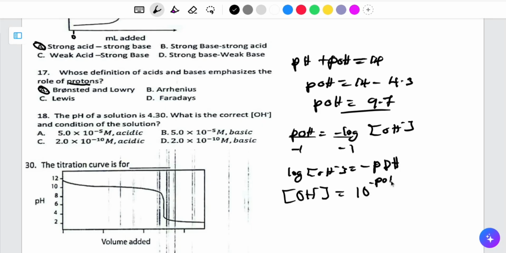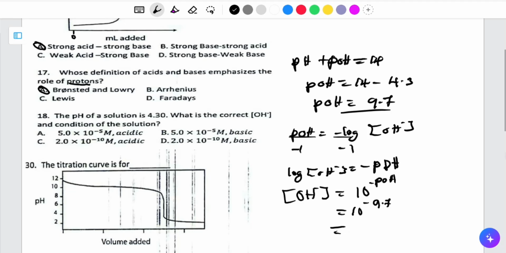So what is our pOH? So 10 to the power negative 9.7.